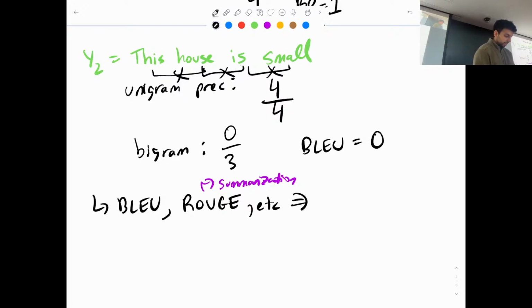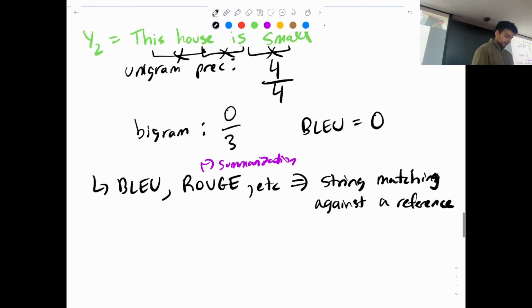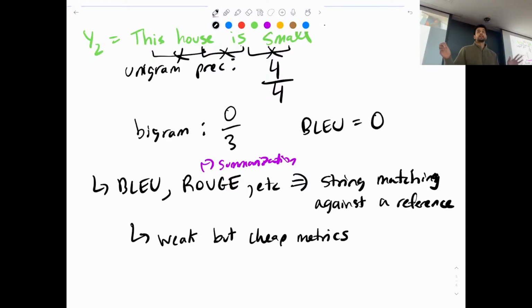These are all string matching based metrics against reference. And so they are weak but cheap metrics. So ideally, we want a strong and cheap metric, but it's really hard to obtain those.